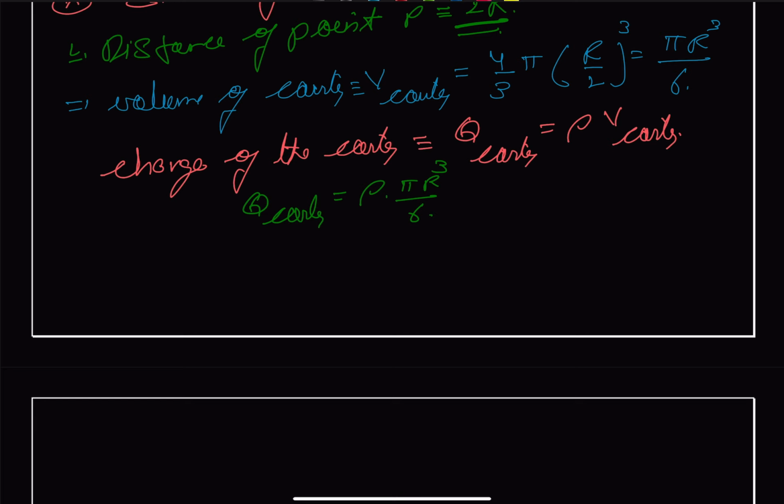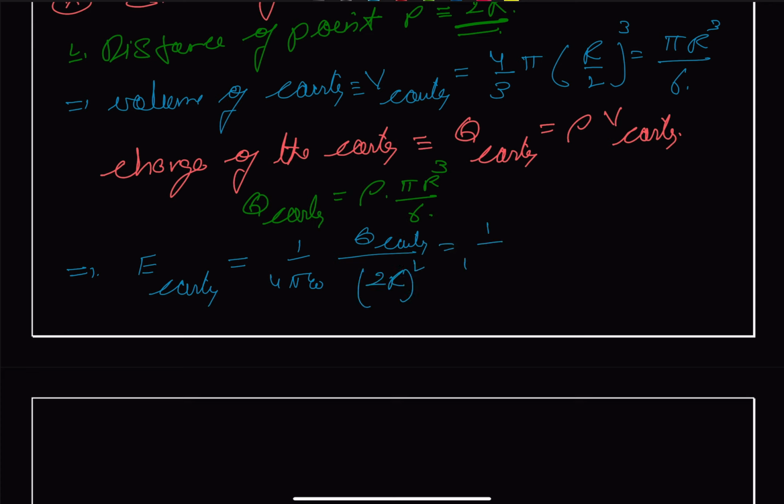Therefore we can write that the electric field because of the cavity will be equal to 1 upon 4 pi epsilon naught, times the charge Q cavity, divided by small r, which is 2r, whole square.